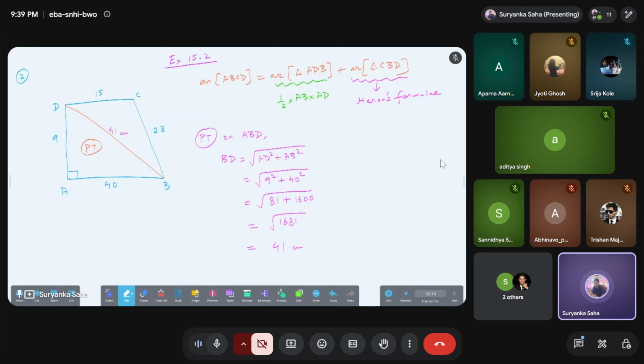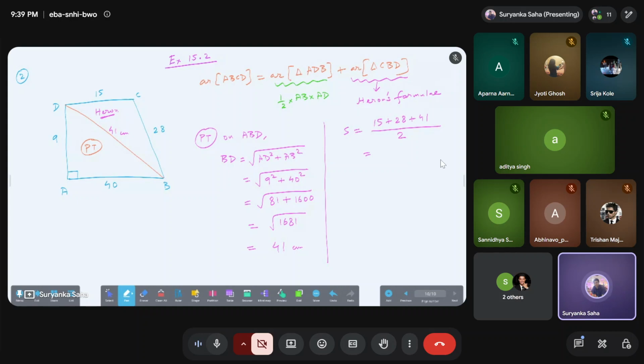So what is the semi perimeter? Semi perimeter of which triangle? Heron on BDC. Let me mark it, Heron's triangle. So Heron's formula on this triangle. It will be 15 plus 28 plus 41, by 2.